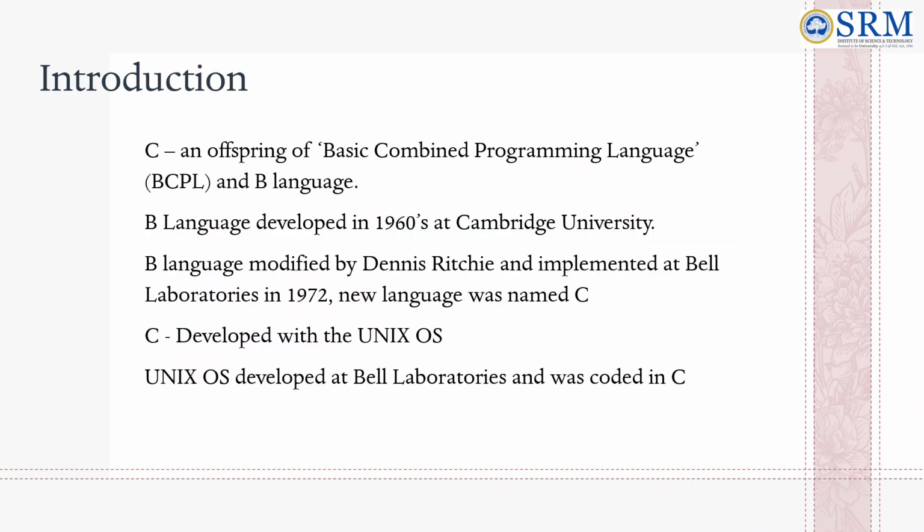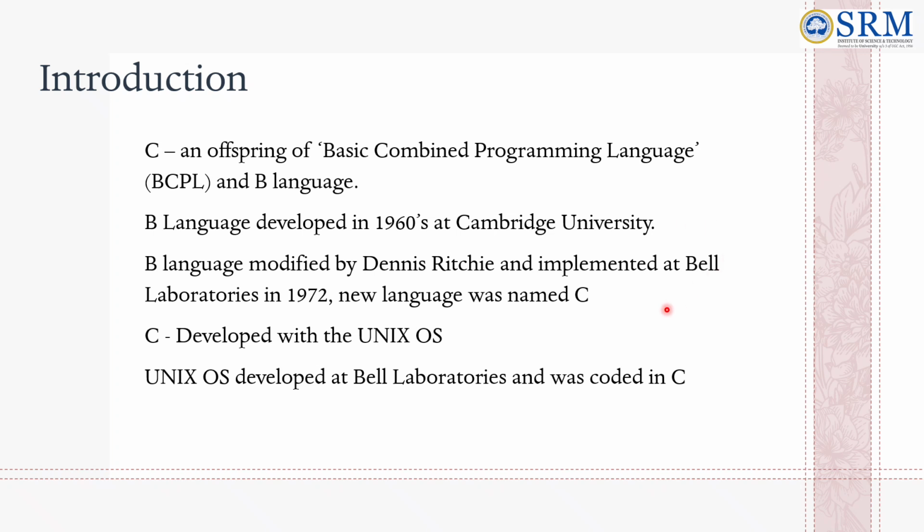Here is a small introduction on how C program has evolved. C is an offspring of Basic Combined Programming Language (BCPL) and B language. This B language was developed in 1960 at Cambridge University.